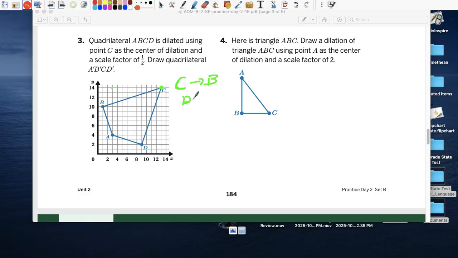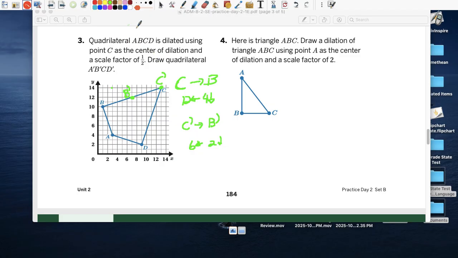I would go 12 right and 1, 2, 3, and 4 down. Well, cut that in half, which means that from C prime to B prime, it would be 6 to the right and 2 down. So 1, 2, 3, 4, 5, 6, and then 1, 2. And here's my B prime.